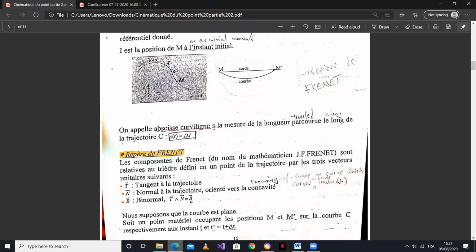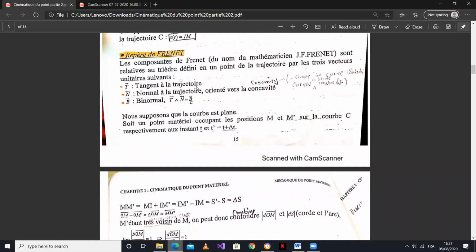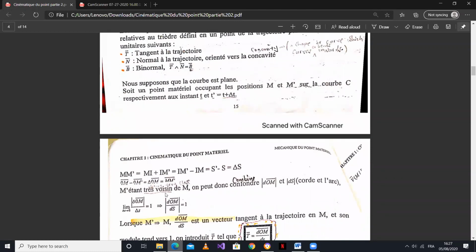No, they are almost the same. When you draw a line between them to get the chord, it's just going to interfere with the arc itself. The arc and the chord are almost equal because M and M prime are very close to each other. Très voisins, meaning very close to each other.